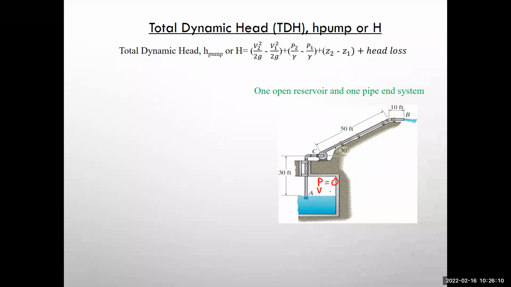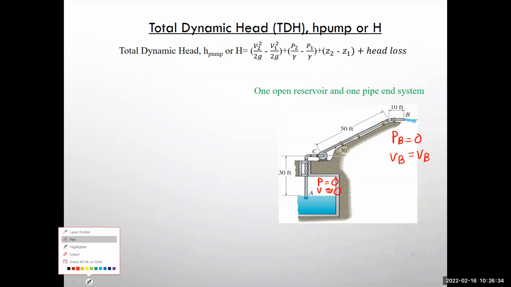What about the velocity? 0 or almost 0. At B, it's open to atmosphere. What will be the pressure? What about the velocity? The velocity is not 0. There will be something, so I will just keep that as VB because I don't know.